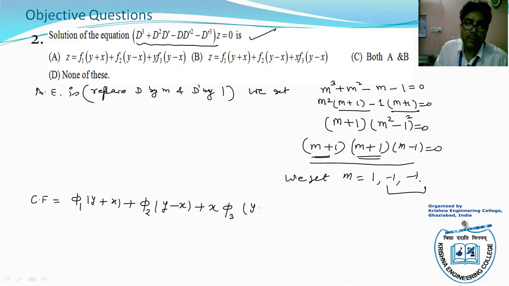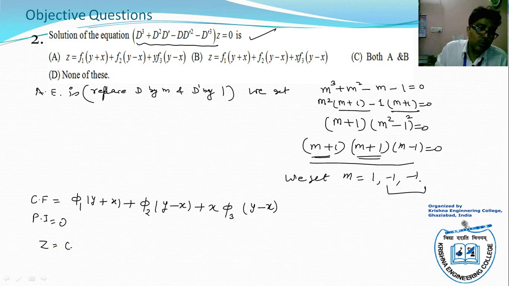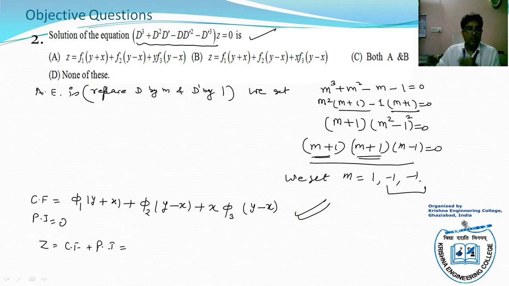And the PI of this equation is equal to 0 because the RHS is equal to 0. So the complete solution z is equal to CF plus PI. That means the solution is phi 1 of y plus x plus phi 2 of y minus x plus x phi 3 of y minus x. Phi 1, phi 2, phi 3 are arbitrary functions.